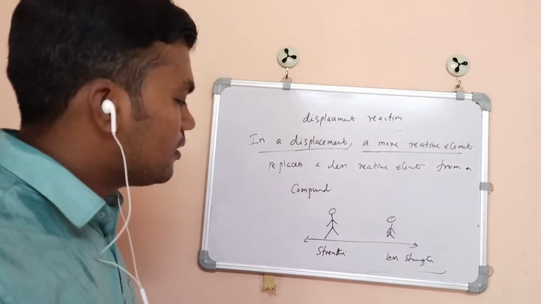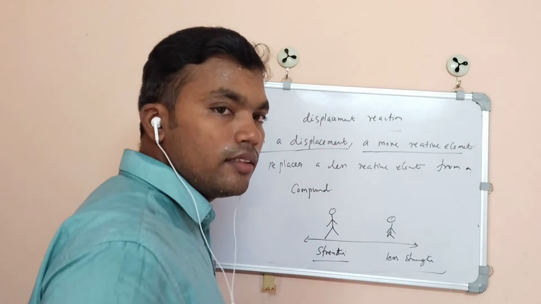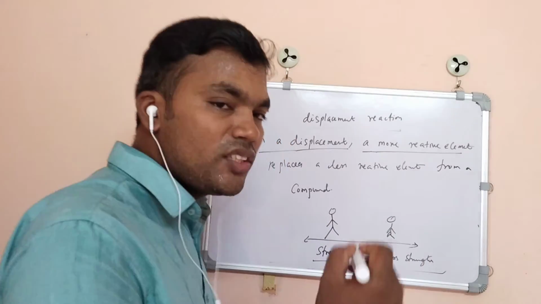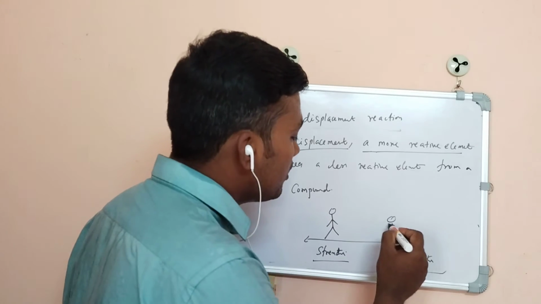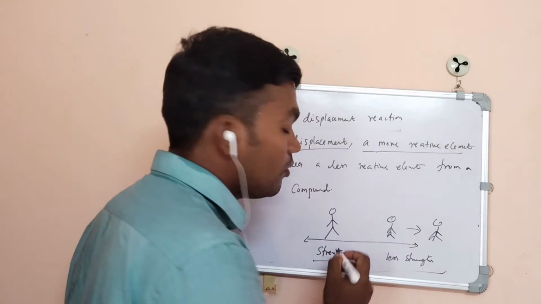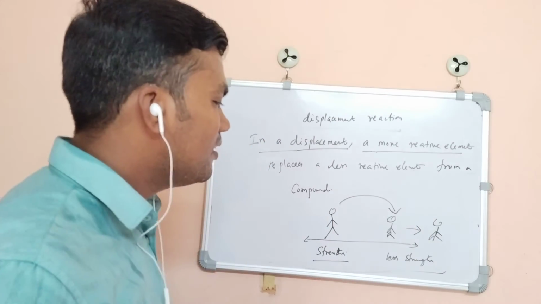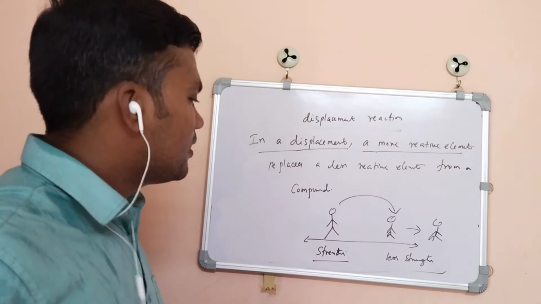There are two possibilities. The guy who has more strength can move away the guy who has less strength, right? This is the replacement. Then this guy goes away from this place, and the guy who has more strength can stand here. This is the example for the displacement reaction.